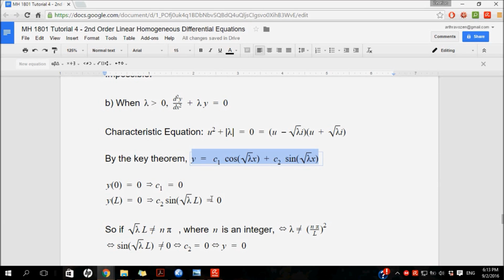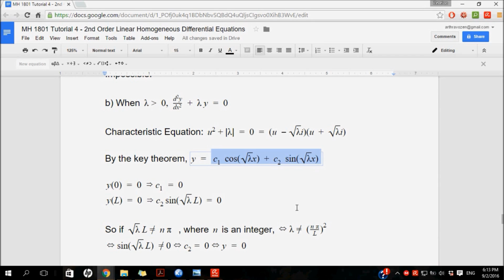Now, what I don't want is for C2 to be 0, because if C2 is 0, it just gives me the trivial solution again.